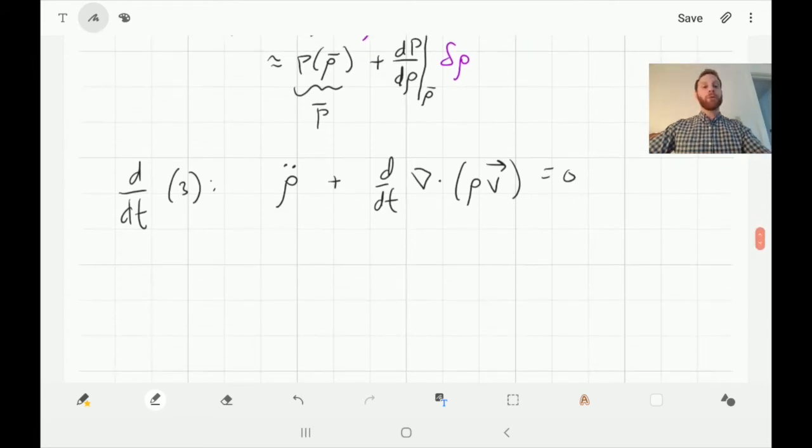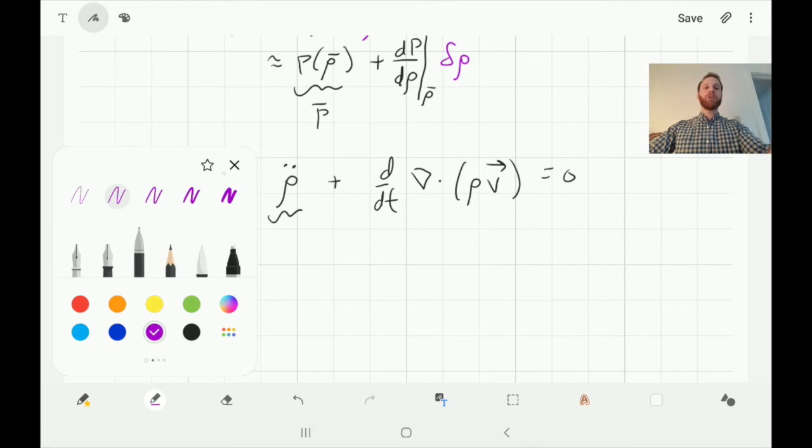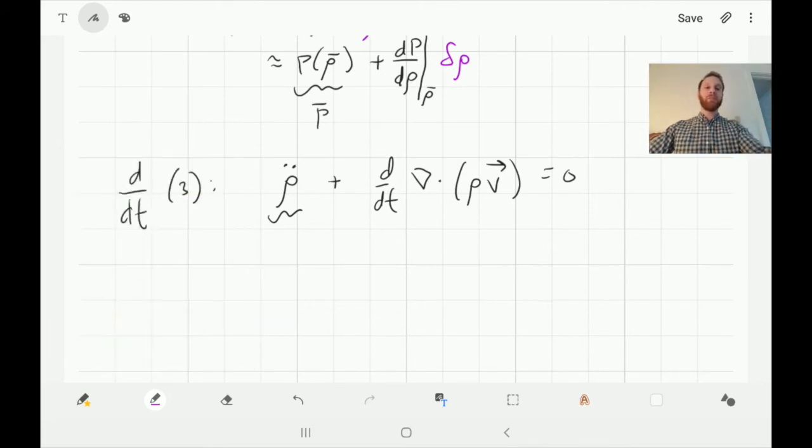And using our first order analysis, remember, rho has in it that first term which doesn't depend on time or space. So what shows up in this equation could only be derivatives on that second term. In other words, this must be delta rho double dot.